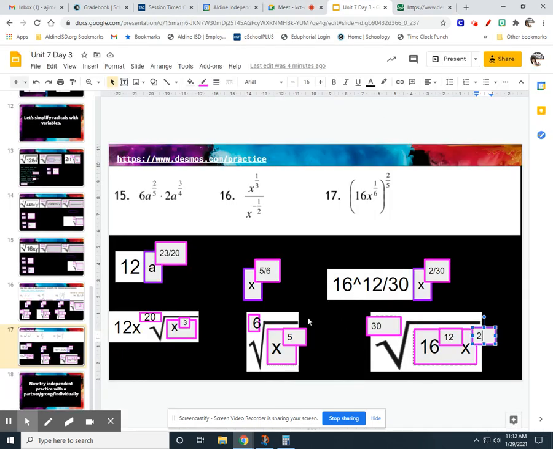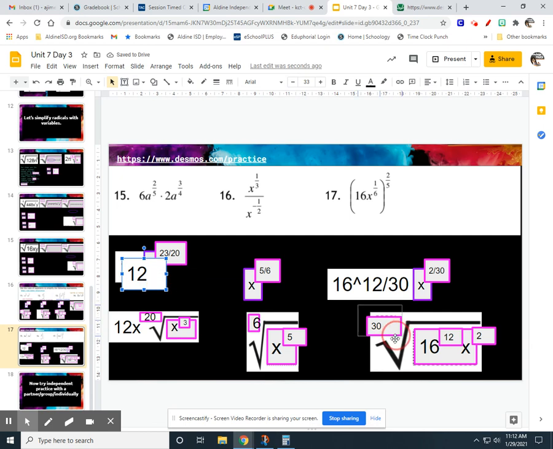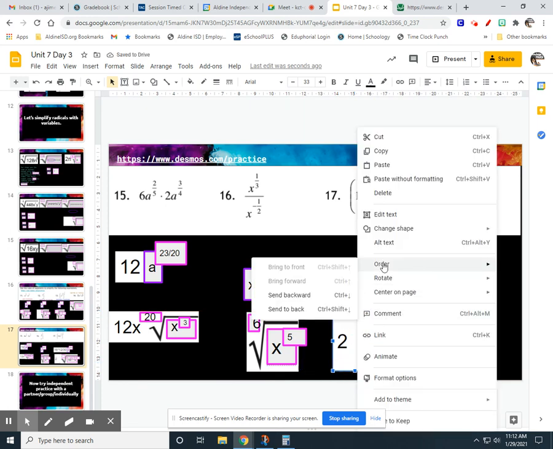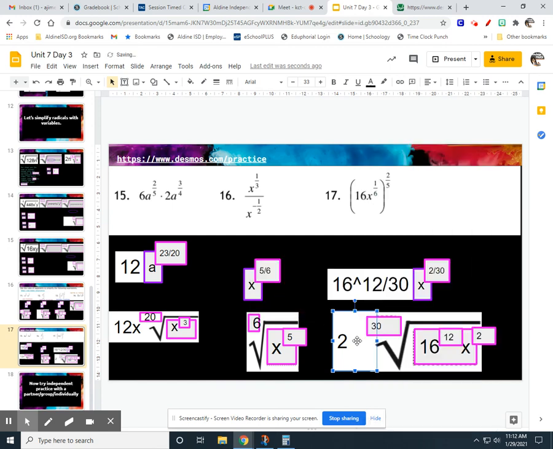But I'm going to do this. I'm going to get this box right here. Over here. We're going to put a 2 right there. Because there's going to be a 2 that's going to go there. Order. Send to the back.